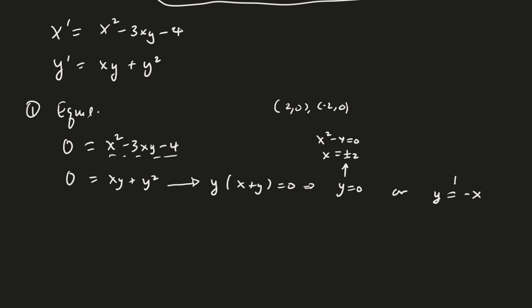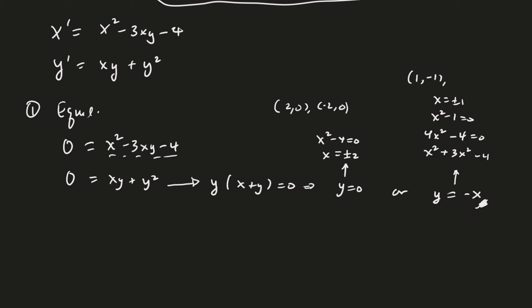Now I go to y equals minus x. If I plug that in, I get x squared plus 3x squared minus 4. So that's going to be 4x squared minus 4 equals 0. That looks like x squared minus 1 equals 0, so x equals plus or minus 1. Remember again that these are pairs, so if x is plus 1, y is minus 1.